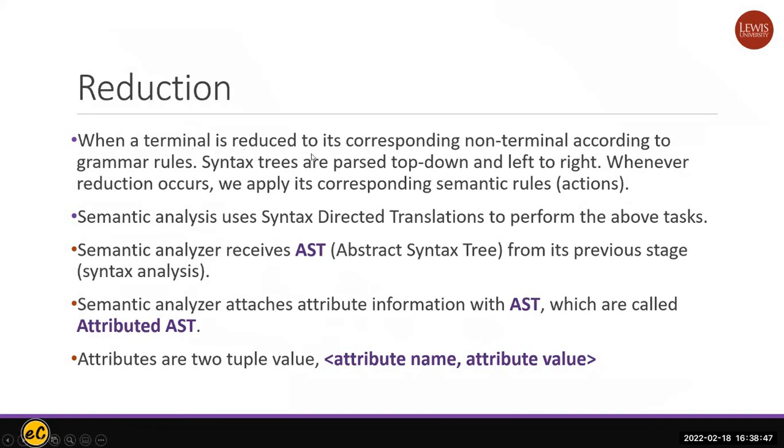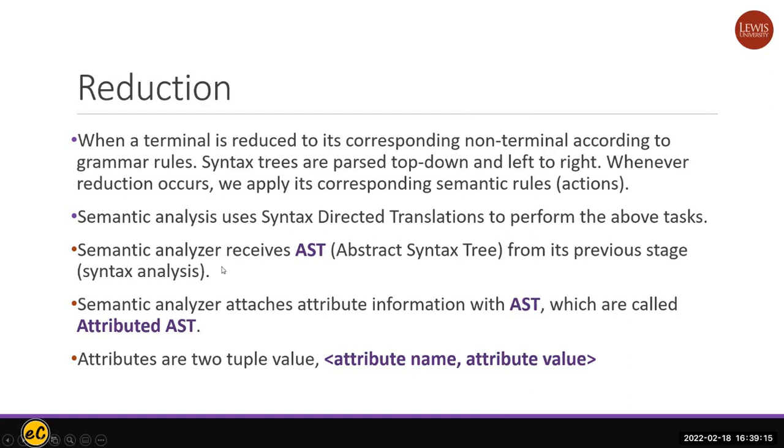So when the terminal is reduced to the corresponding non-terminal according to a grammar rule, we call it reduction. Syntax trees are parsed top down and left to right. Where reduction occurs, we apply its corresponding semantic rule to it. Semantic analysis uses syntax-directed translation to perform the above task.